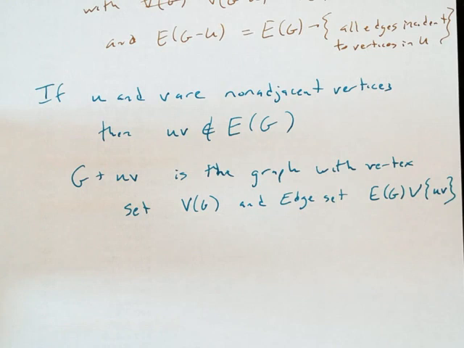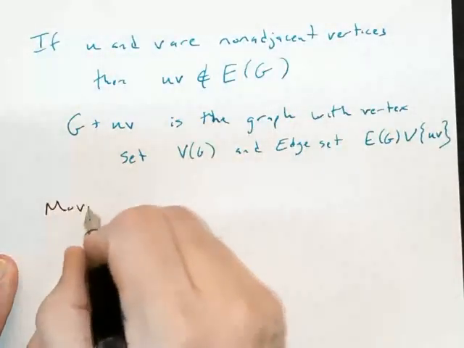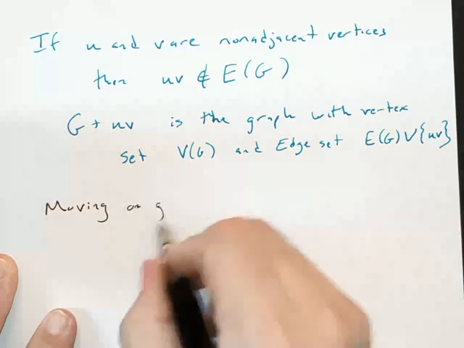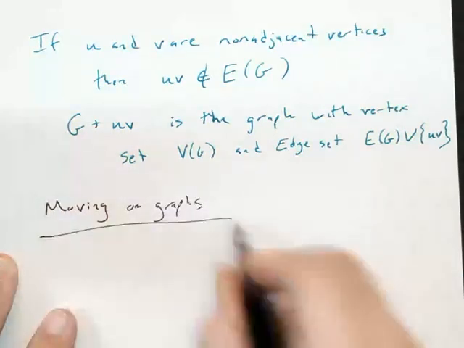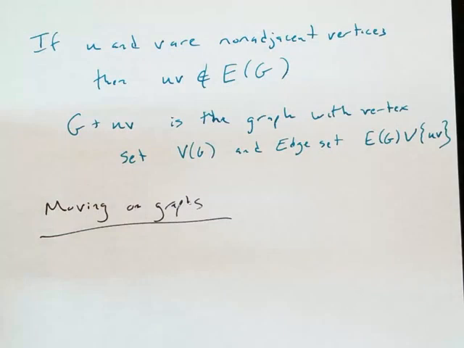Questions so far? Traversing, moving on a graph requires me to describe to you what I'm doing, how I move from place to place to place.